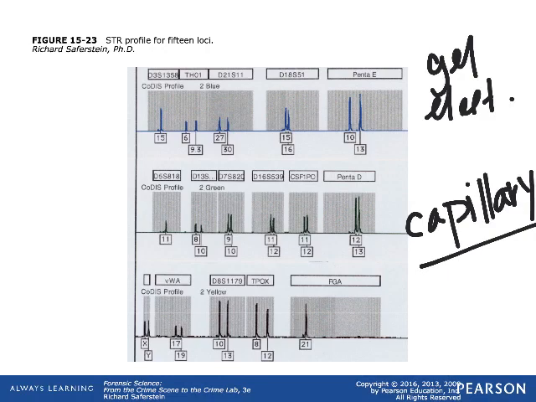So the peaks make it a little bit easier to match things up. So we can talk about this in lab. It's faster, it's cheaper, it's probably more accurate because it's probably more digitized than what we do.